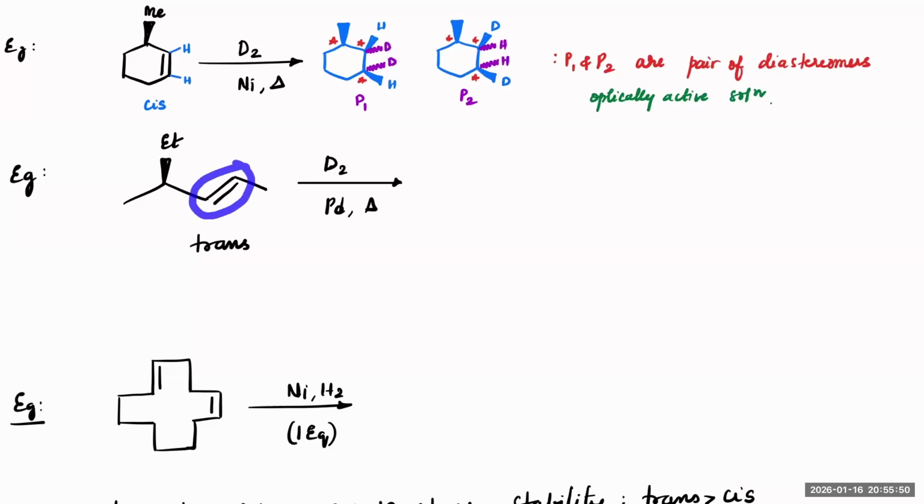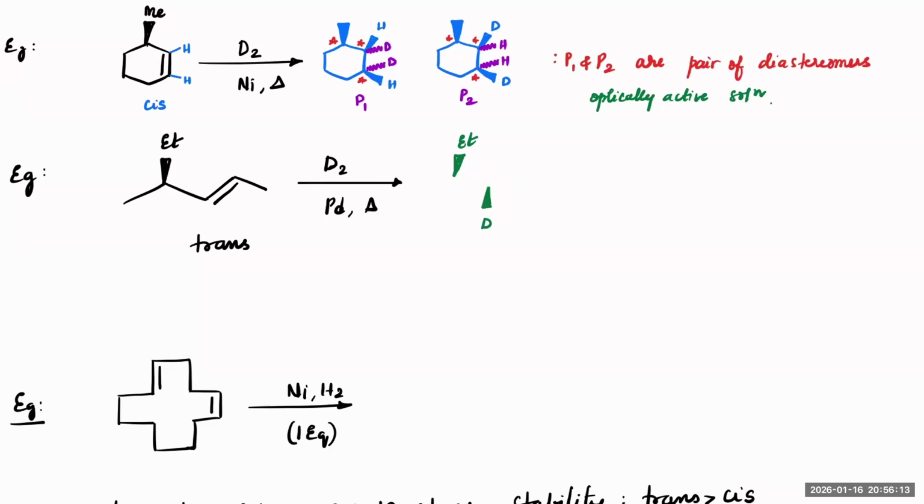Now notice this is a trans molecule, and here there is ethyl, which is already fixed configuration. This ethyl is also fixed configuration. So when I write the product in a three-dimensional fashion, I will write the same ethyl here. I can say that both the deuteriums are getting added in the same direction like this.